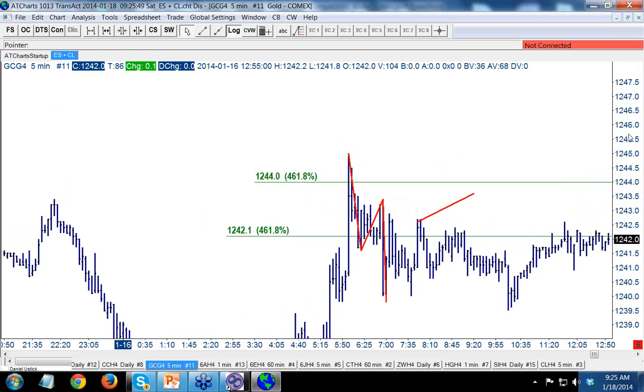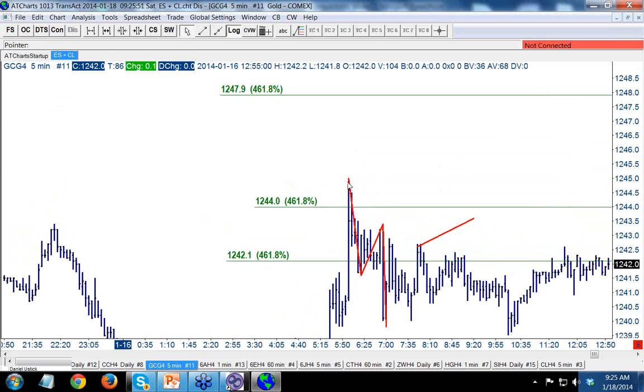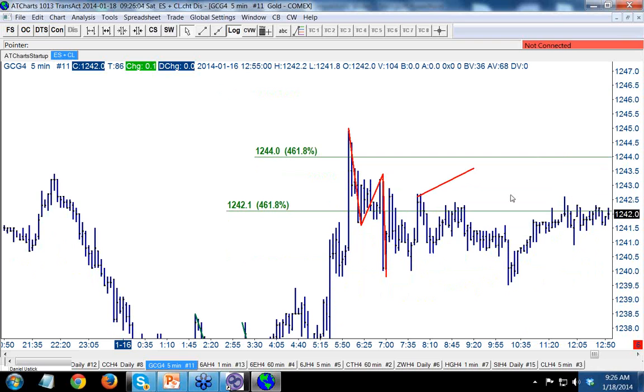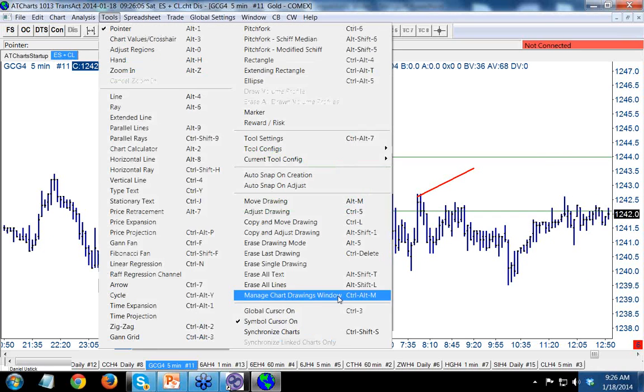Because the primary entry was established already. Now, instead of picking the exact high here, you let the market roll over. And when it rolls over, you can short on a bounce, okay? So there's different ways to skin the cat here.